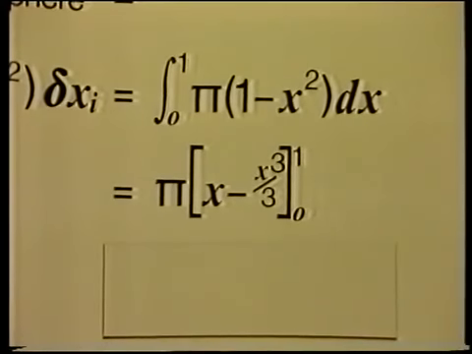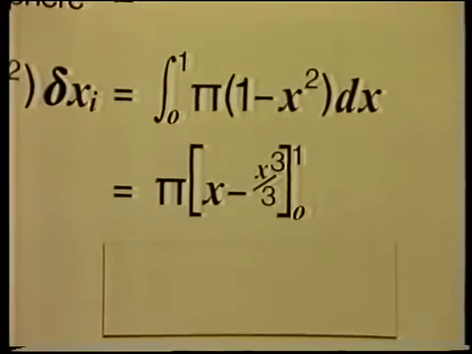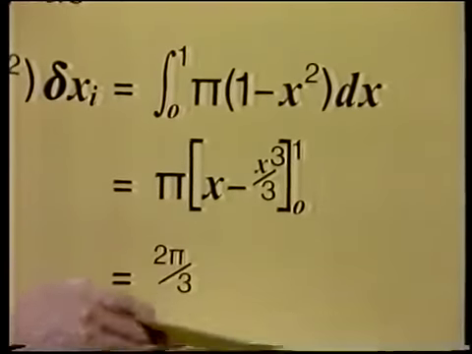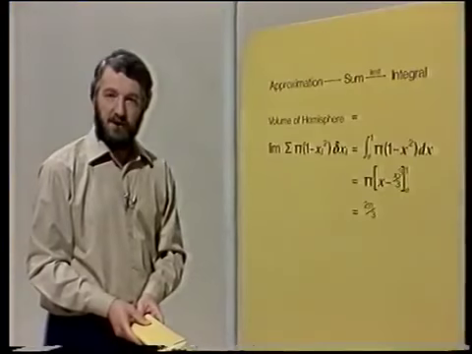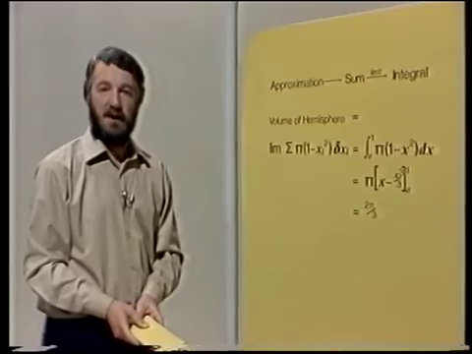And I need to evaluate that expression from x equals 0 to x equals 1. And if I do so, I get 2 pi by 3. So the volume of a hemisphere of radius 1 is 2 pi by 3, and so the volume of a sphere of radius 1 is 4 pi by 3. We'll come back to the general situation of a sphere of radius r later.